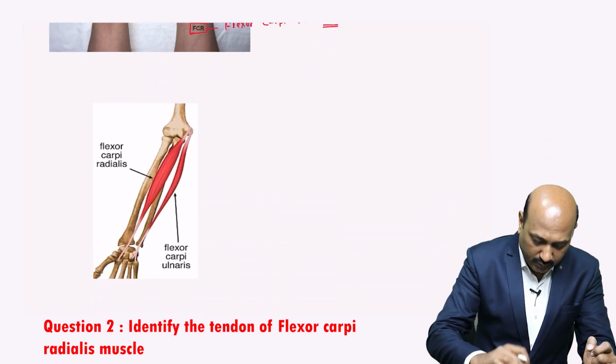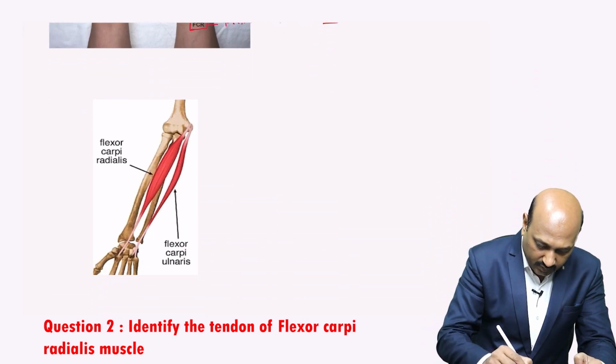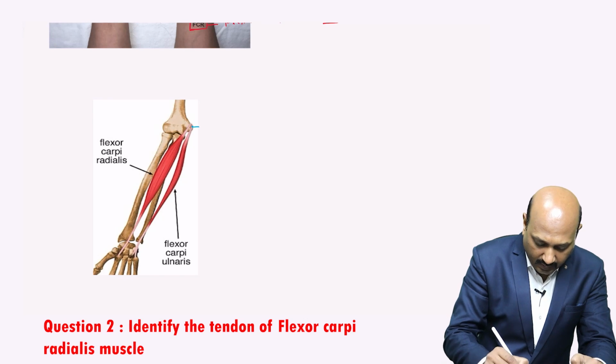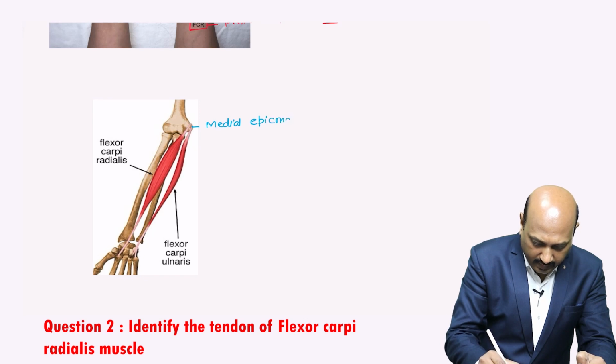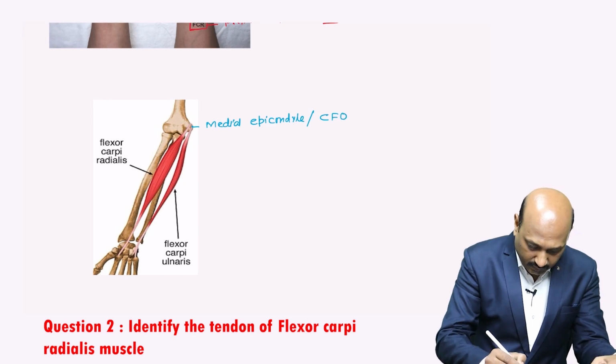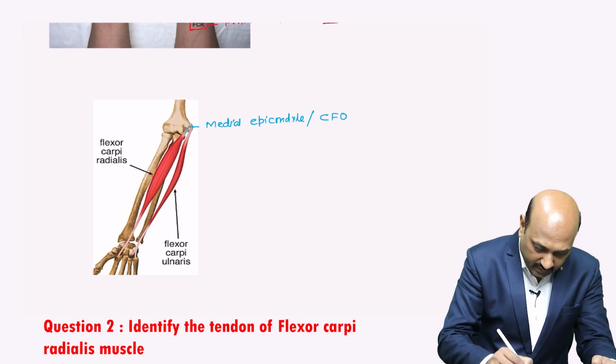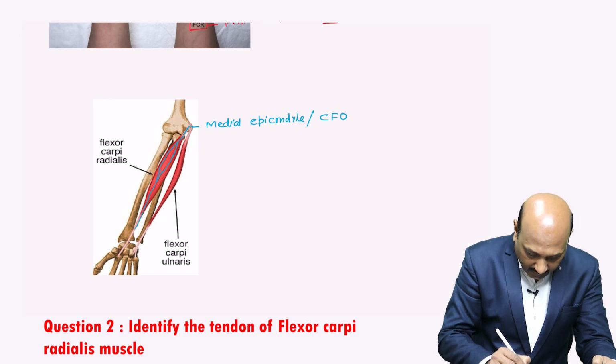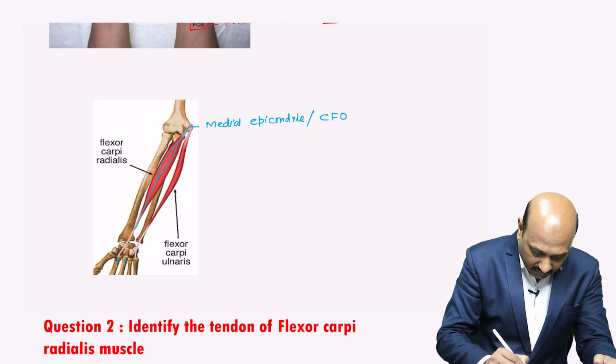You can see this muscle in this image also. This particular part is the medial epicondyle, also known as the common flexor origin. The muscle takes origin here. Trace this muscle all the way; this is the central part of the muscle, and here you can see the tendon inserting at the base of the second and the third metacarpal.